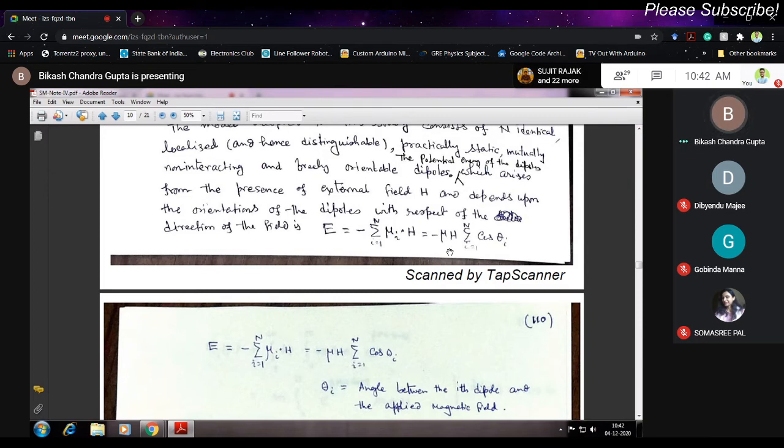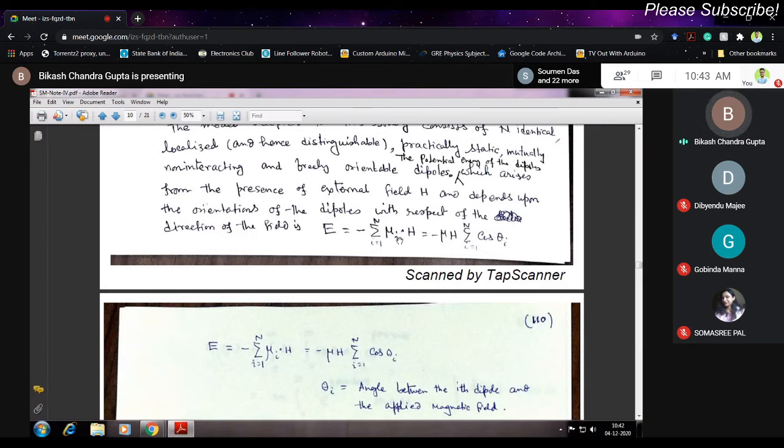So mu1, mu2, mu3, mu4 all have the same magnetic moment strength, which is mu. You can note it down here: all particles are assumed to be identical, in the sense that all dipoles have the same strength mu.